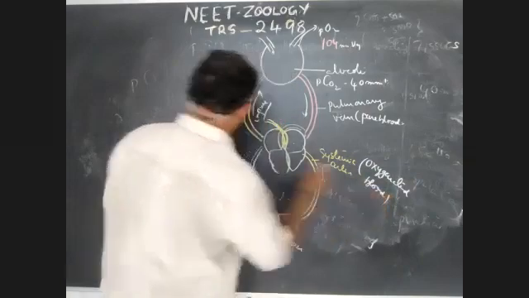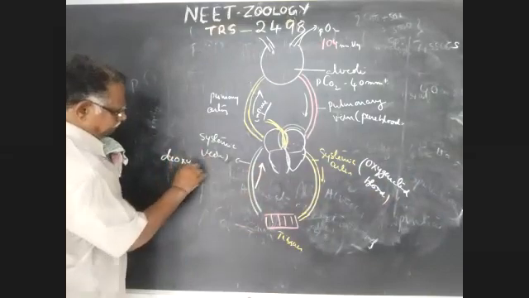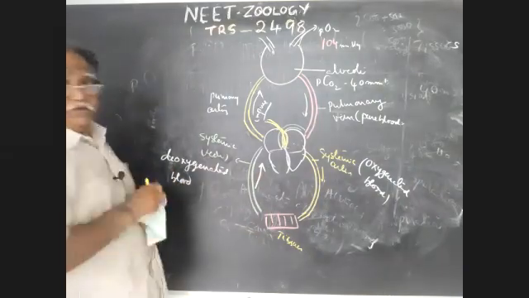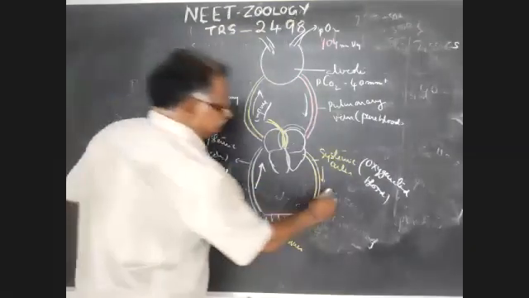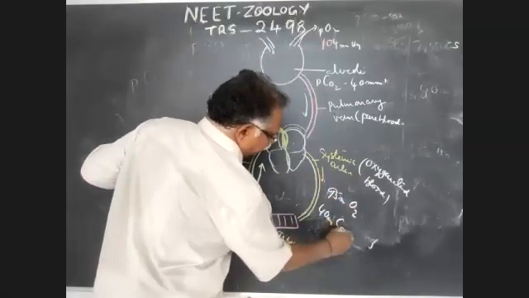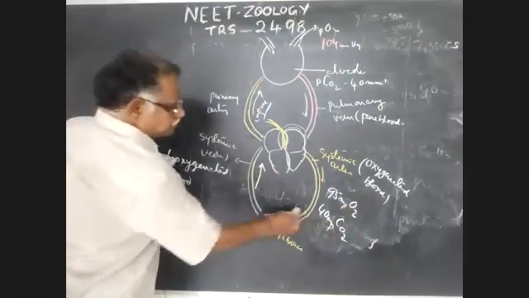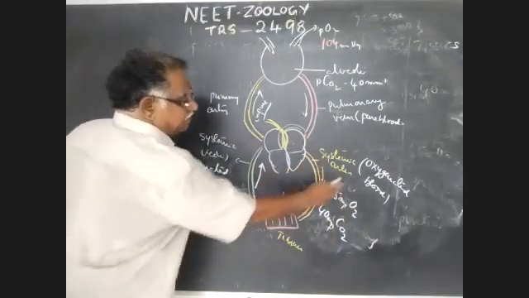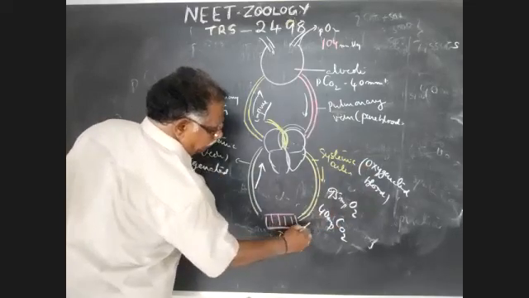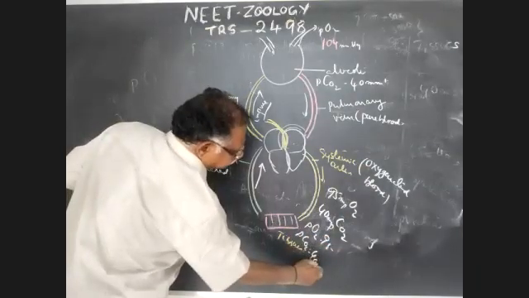Oxygenated blood carries PO2 95 mmHg and PCO2 40 mmHg. So tissues are supplied blood through systemic arteries having oxygenated blood, with PO2 95, PCO2 40.